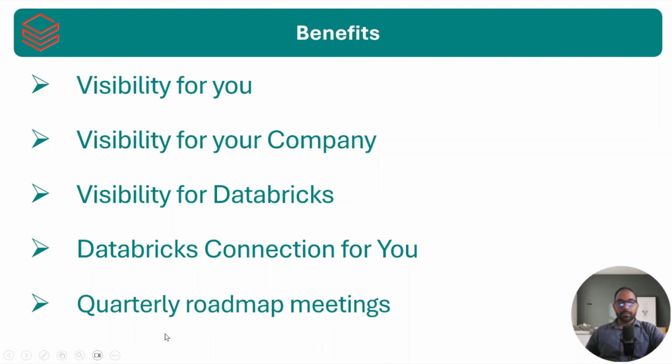And the last one is the quarterly roadmap meetings. Once we become a champion, then from the Databricks side, their architect or their Databricks partner, on a quarterly basis, will plan a 30-minute meeting where they will explain what are the latest things going on in Databricks and what other customers are using.